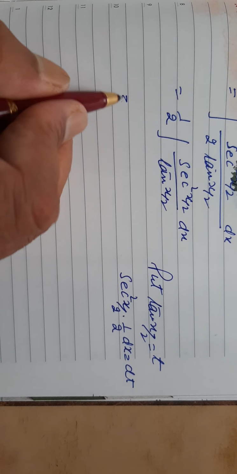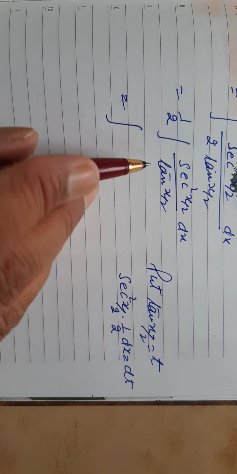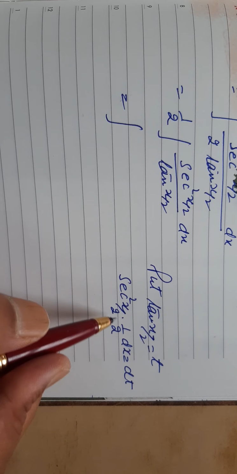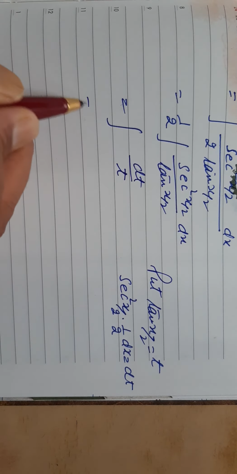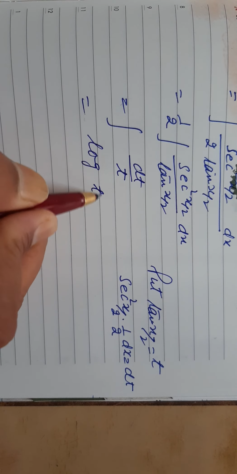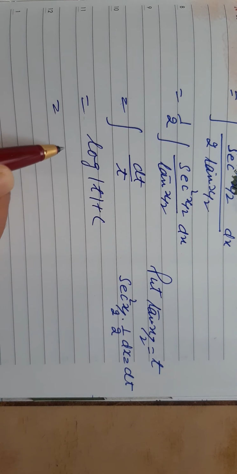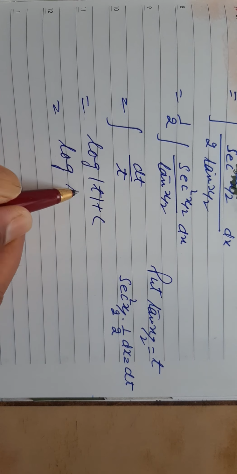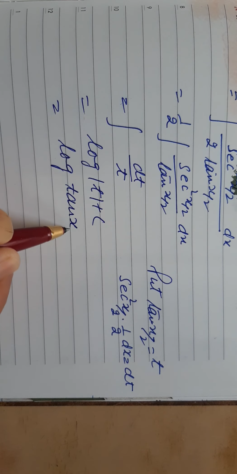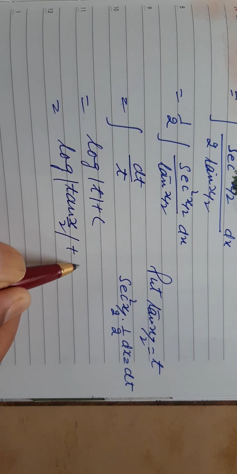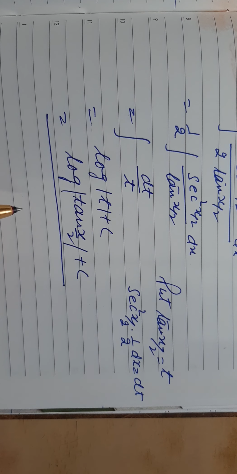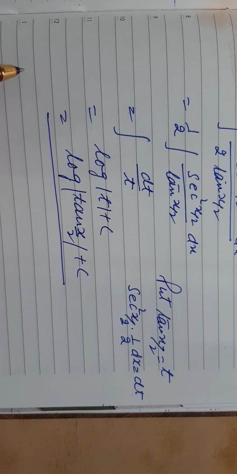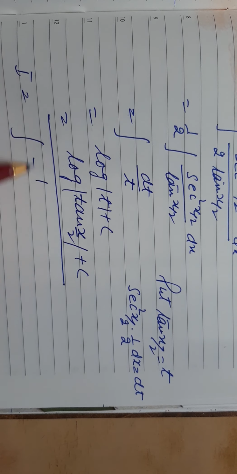And here we get dt upon t, and the integration is log t plus c. Substitute the value of tan x by 2, plus c. This is very important.